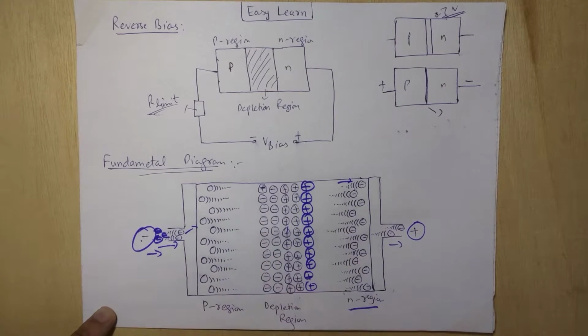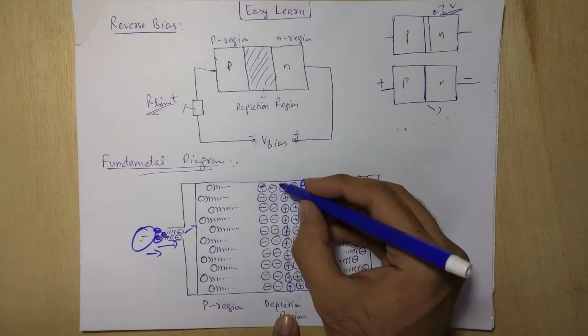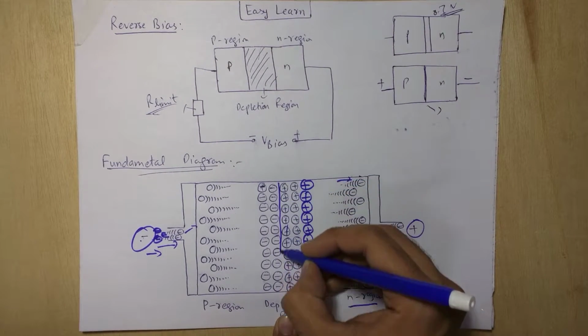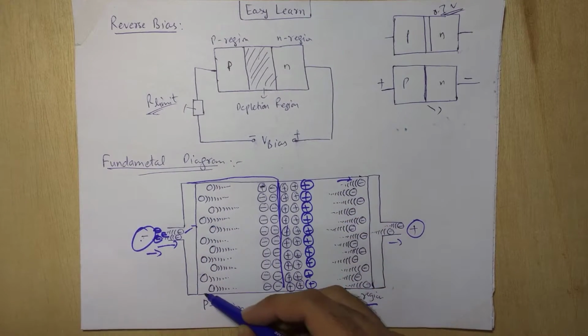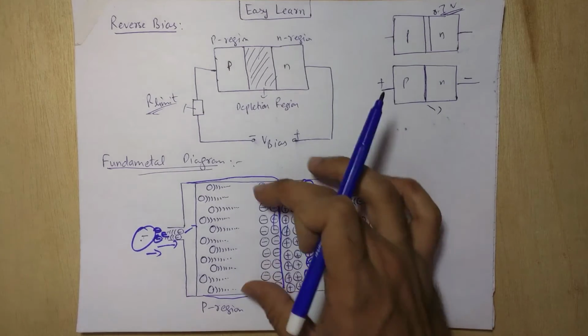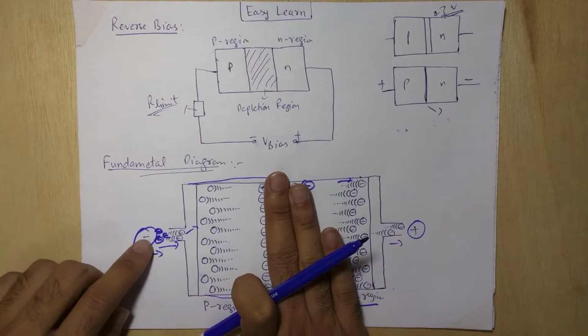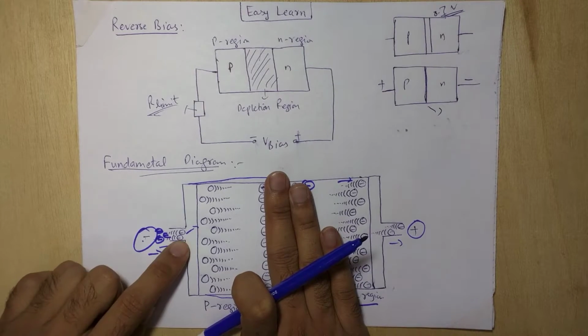I'm going to give you an easy example. For example, let's say this is a hall, and here is a stage. The people are entering the hall from this door.